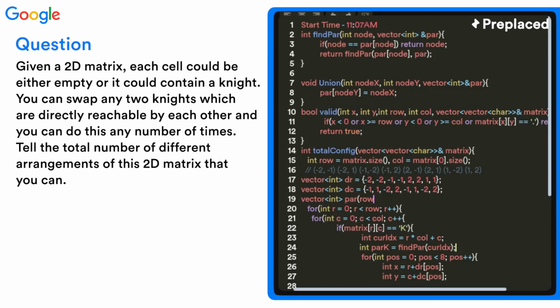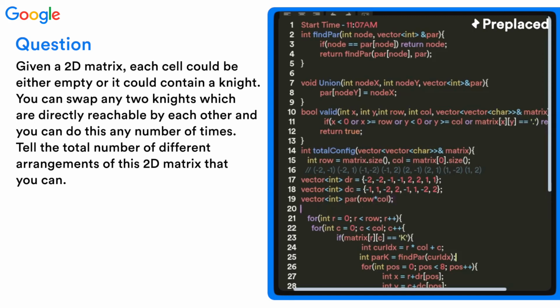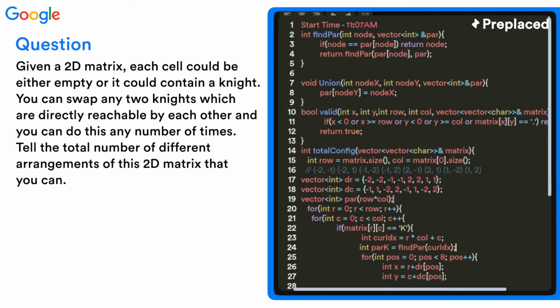There are 4 cells, that is 2 into 2. At present none of them are in a group, so they'll be a parent of themselves, right? So it'll be row into column, that many cells. Correct. So row into column, and I have to initialize it for every row and column. So maybe instead of initializing it, we can just do it over here. No, you cannot.